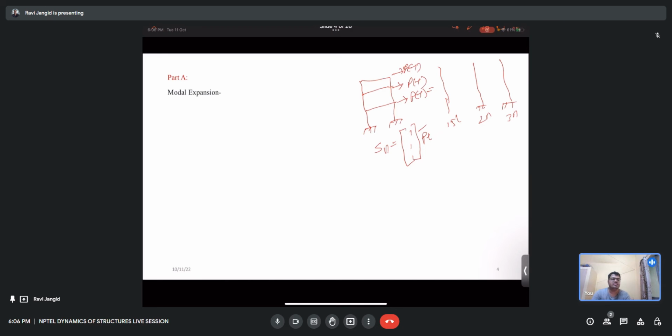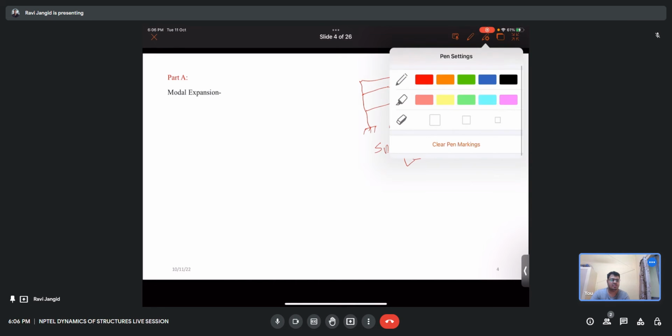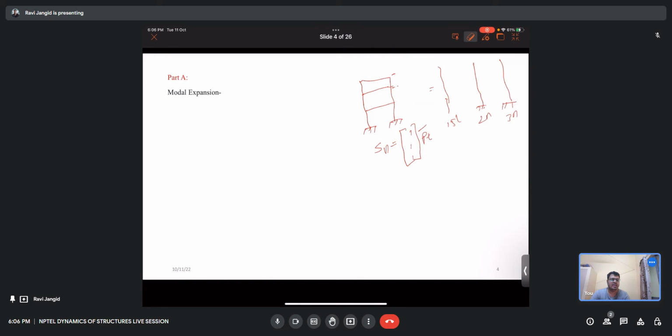So now, in this case I have applied a horizontal ground motion. Okay, in this case, for this story, let us say we have applied a horizontal acceleration.